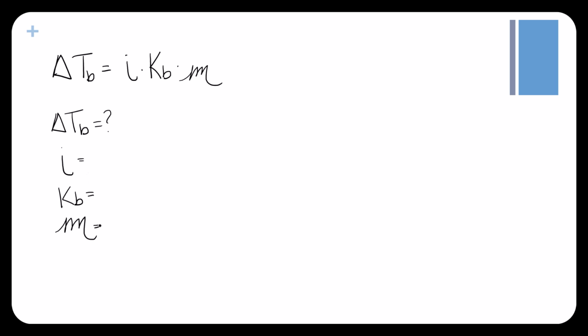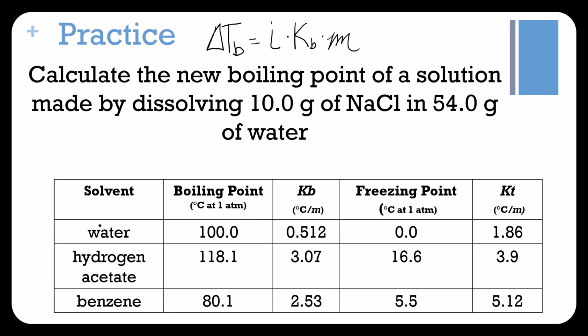First, looking at the Van't Hoff factor, we have to figure out what our solute is. We're dissolving sodium chloride in water, so our solute is sodium chloride. Is that an ionic compound? Yeah, it is.